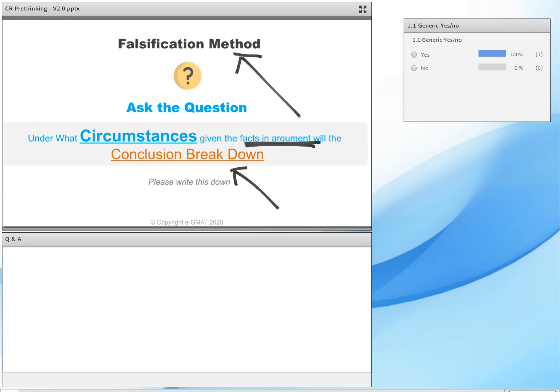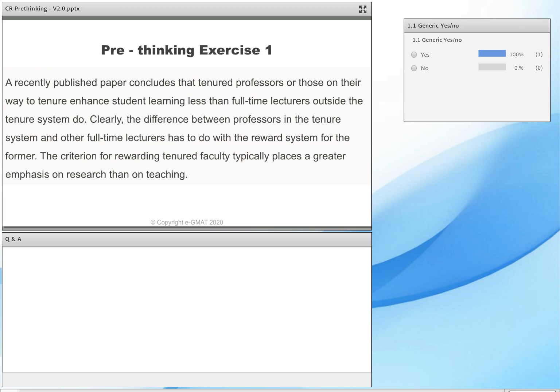The second was a definition of assumption. The third statement that I want you to remember is this falsification question, which is saying under what circumstances, under what situations, under what scenarios, given the information that I know, does the conclusion break down? If you get those scenarios, your assumption is, hey, those scenarios are impossible.